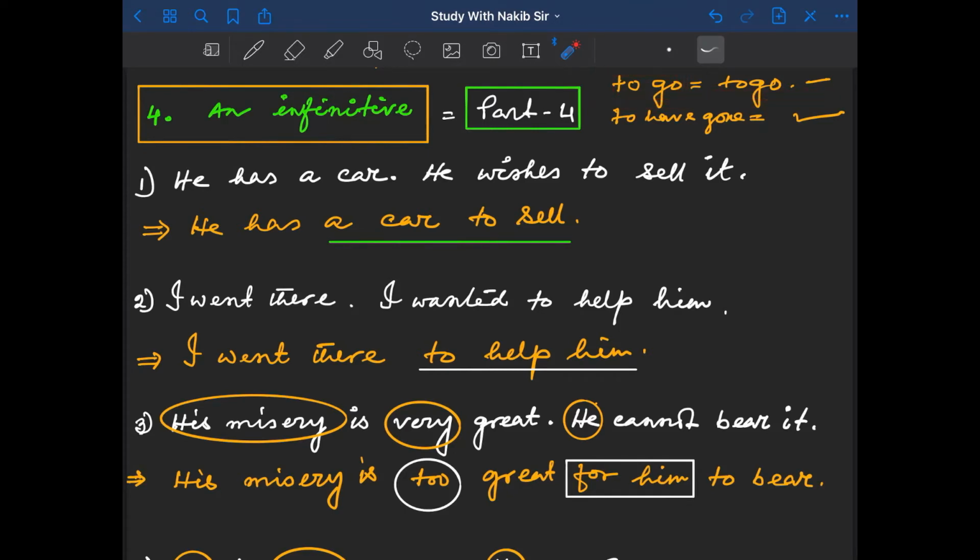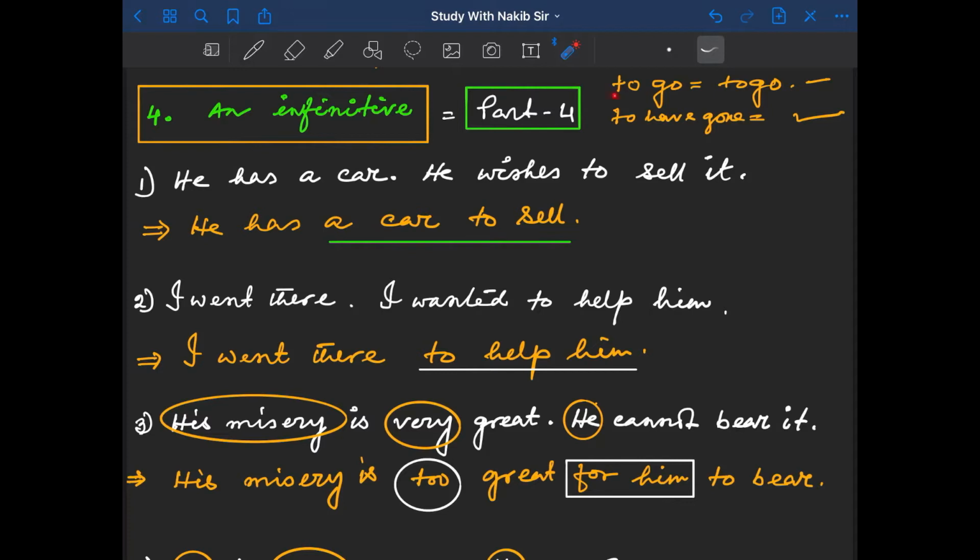And the next one is to plus the perfect form of the verb, the present perfect tense of the verb: to have gone. So to have gone is an instance of perfect infinitive. Okay, so you got two infinitives in English.